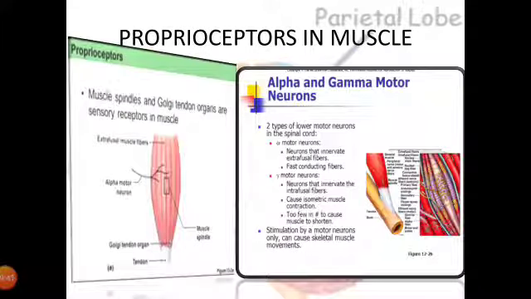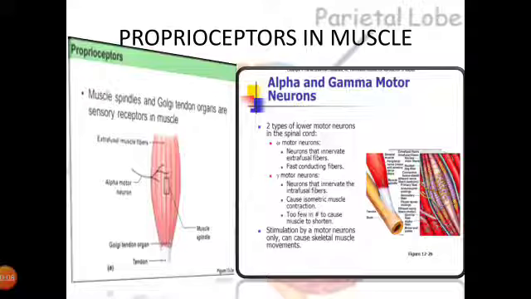Now we have talked about specialized organs for sending sensory information, one of which is skeletal muscle. Specialized receptors that detect the stretch and tension in skeletal muscle are called proprioceptors. There are two principal types of proprioceptors: the muscle spindle and Golgi tendon organs.